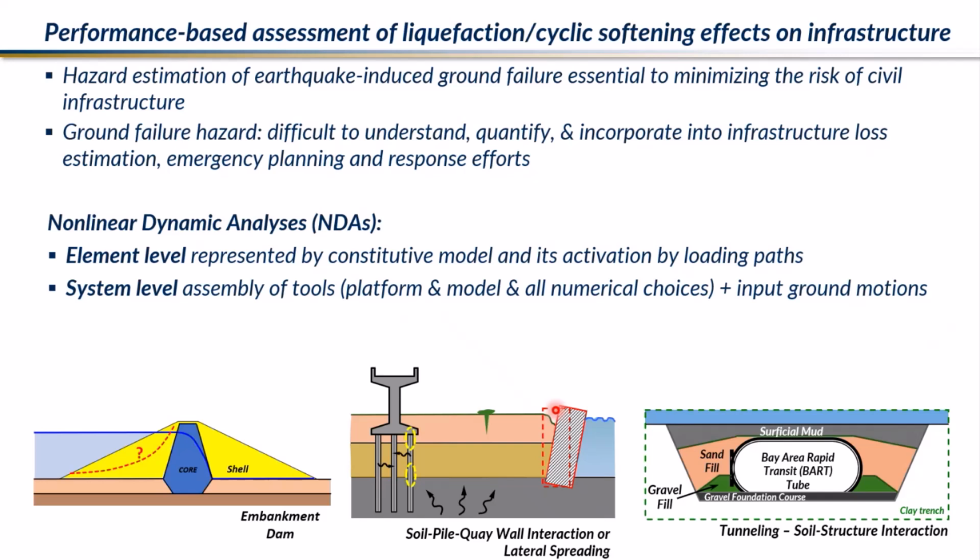Then we have the system level, which becomes a little broader. It's the assembly of the tools that we have, the platform, the model, or the numerical choices we make, the soil properties, and then the selection of ground motions. It becomes a larger thing to undertake.